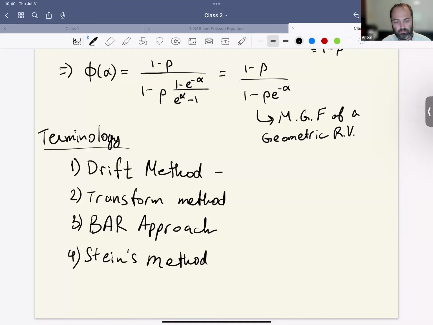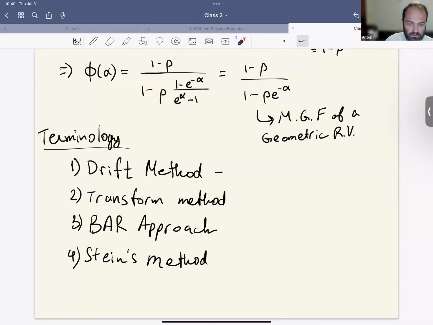So the drift method, I don't know who is the person responsible for really introducing it. Let me clarify that. People have been using the drift method, or trying out different test functions, since the 1950s and probably earlier.